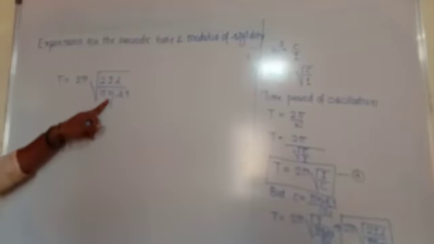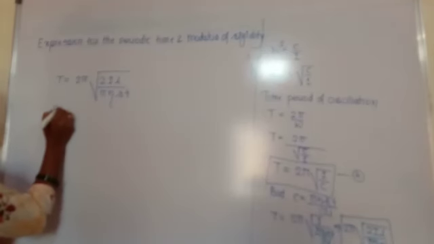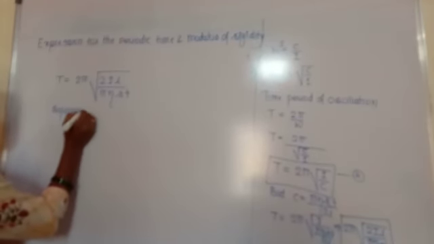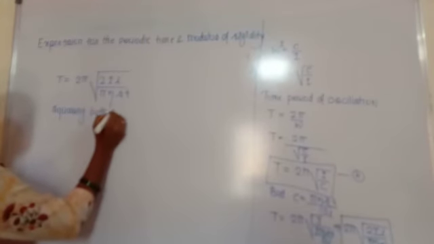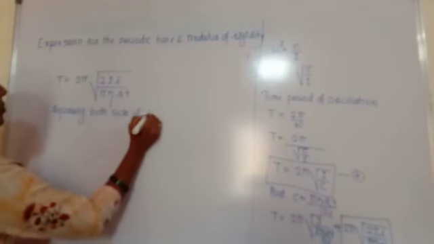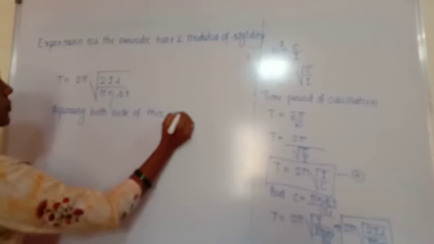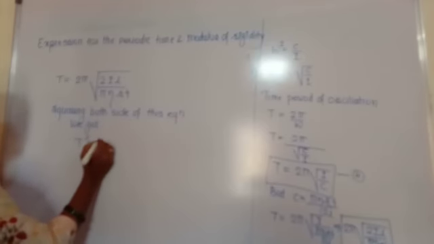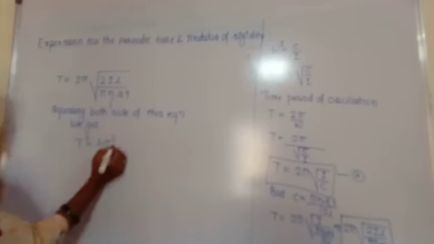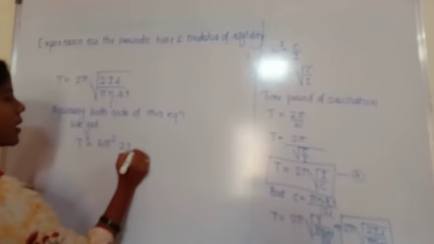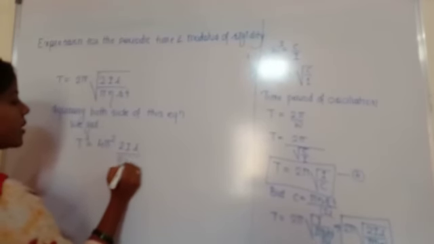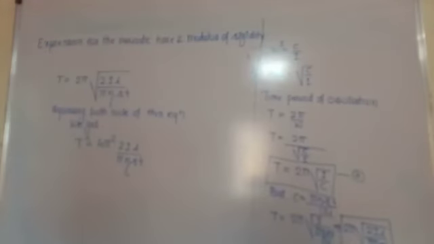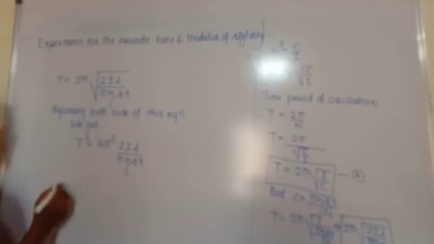We want this eta, so squaring both sides of this equation, we get T square equals 4 pi square into 2IL divided by pi eta r to the power 4. Therefore, from this equation we take eta to the other side.